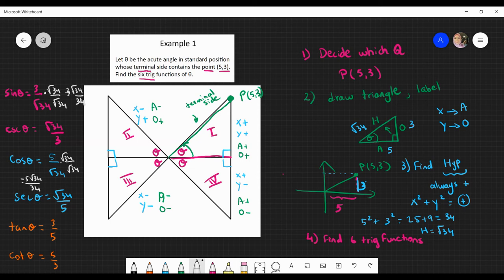Now, one thing, because you're going to be working on homework problems, page 347, numbers 7 through 12, and in some of the cases you are given points that look like that.